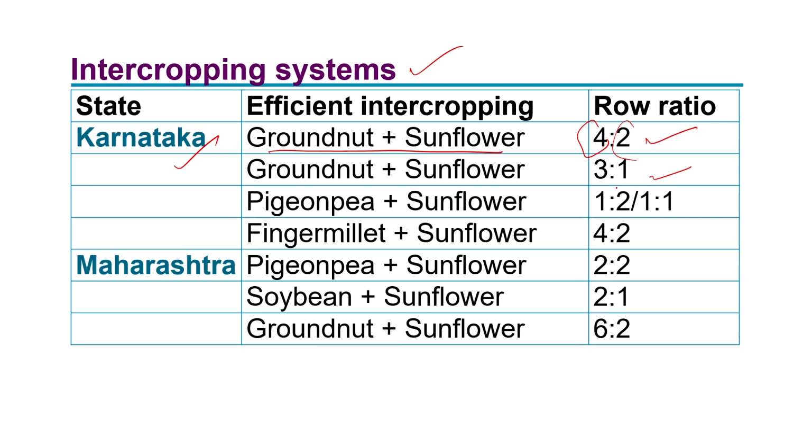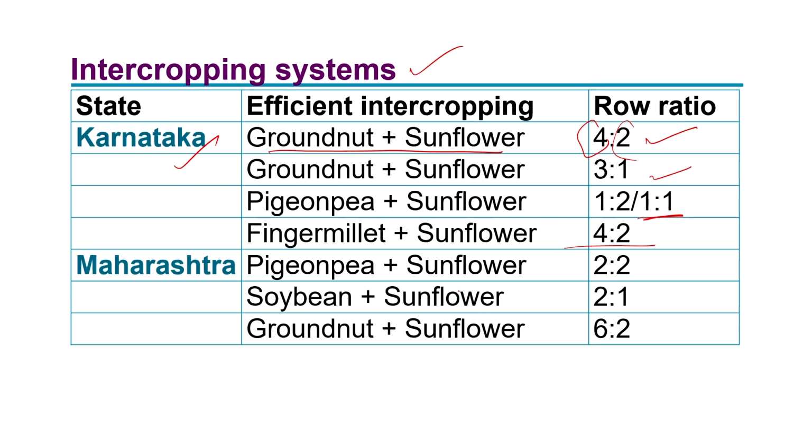Pigeon pea plus sunflower, 1 row of pigeon pea and 2 rows of sunflower, or 1:1 is also available. That means 1 row of pigeon pea and 1 row of sunflower. Then we can have finger millet plus sunflower, 4:2 ratio, 4 rows of finger millet and 2 rows of sunflower.